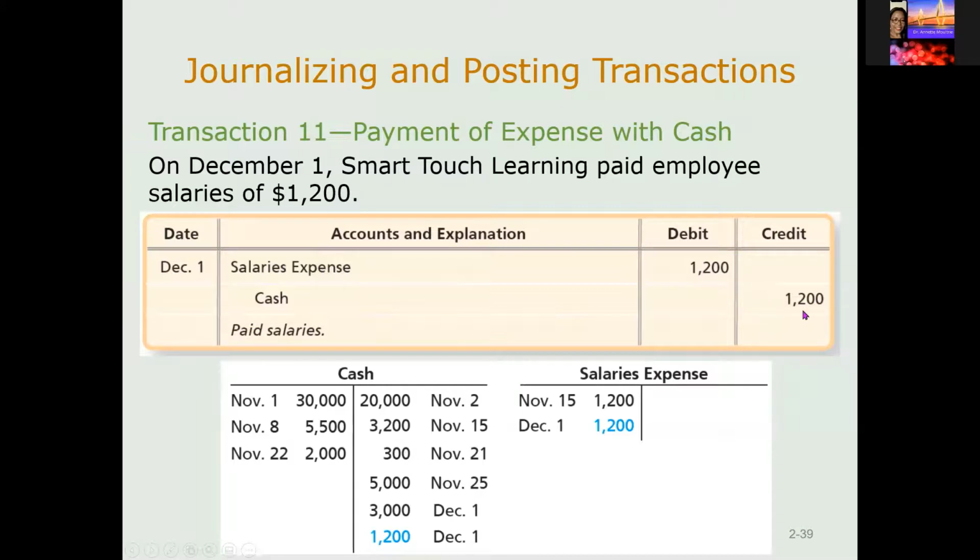So cash decreases with a credit, and salary expense increases with a debit. So the debit to the salary expense account will also decrease equity.